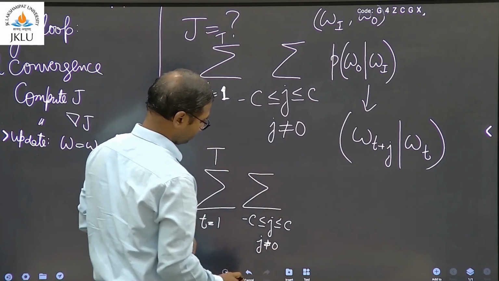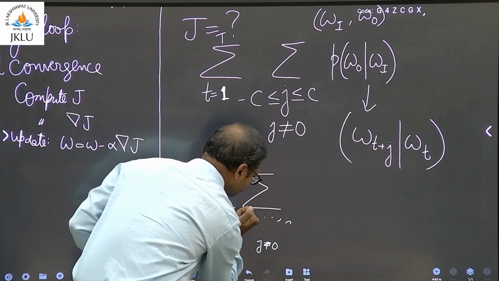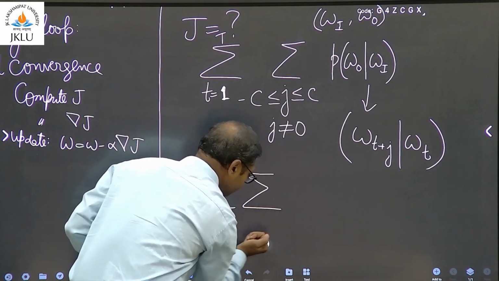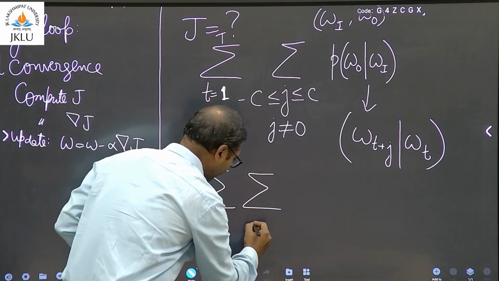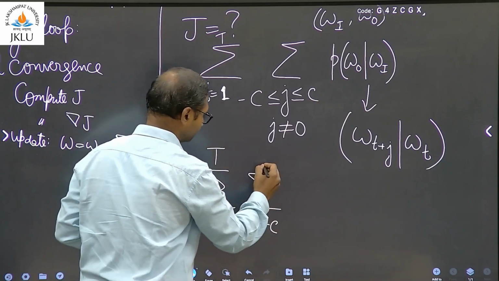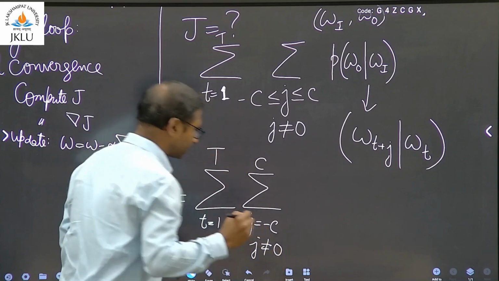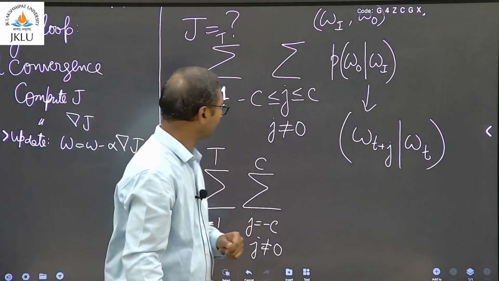Okay? Or maybe what I can do now is I can write j equal to minus c to c and j not equal to 0. Okay.